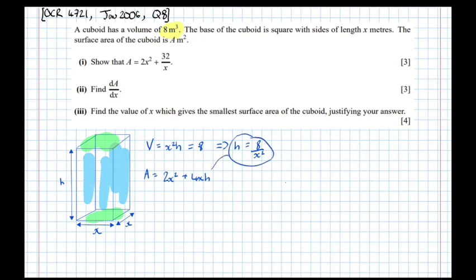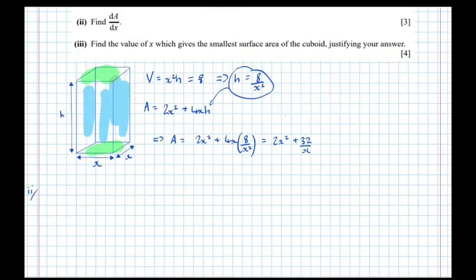After that, we substitute h into the equation A equals 2x squared plus 4xh. So we get 2x squared plus 4x multiplied by 8 over x squared. Simplify it, we get 2x squared plus 32 over x.